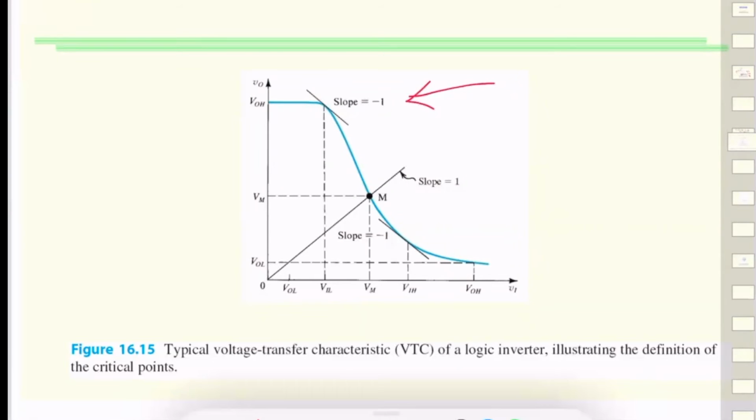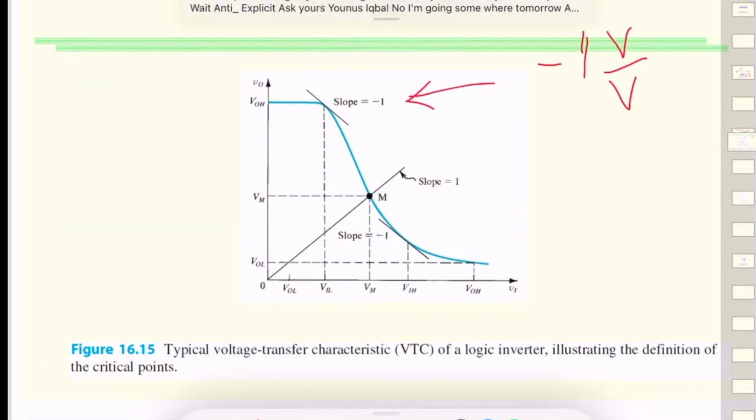So if you look at this, this is -1 voltage gain, and the steep slope tells us that the magnitude of the inverter gain is increasing and the VTC is getting to the transition point. From this point onward to here, there is a considerable gain.